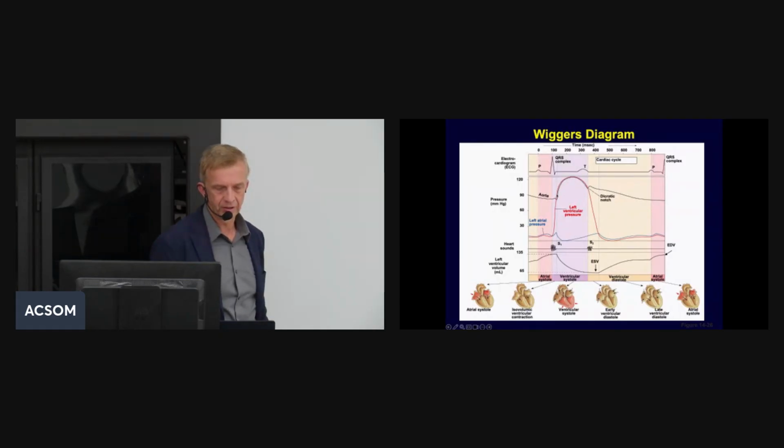This is pressure. This is pressure in the aorta. This is atrial pressure. This line. And this is pressure in the ventricle. Is that clear?